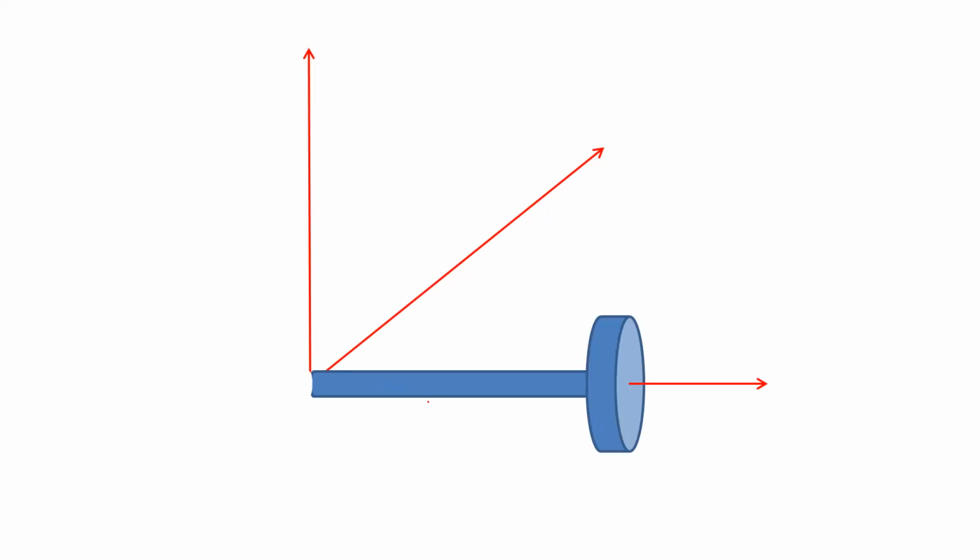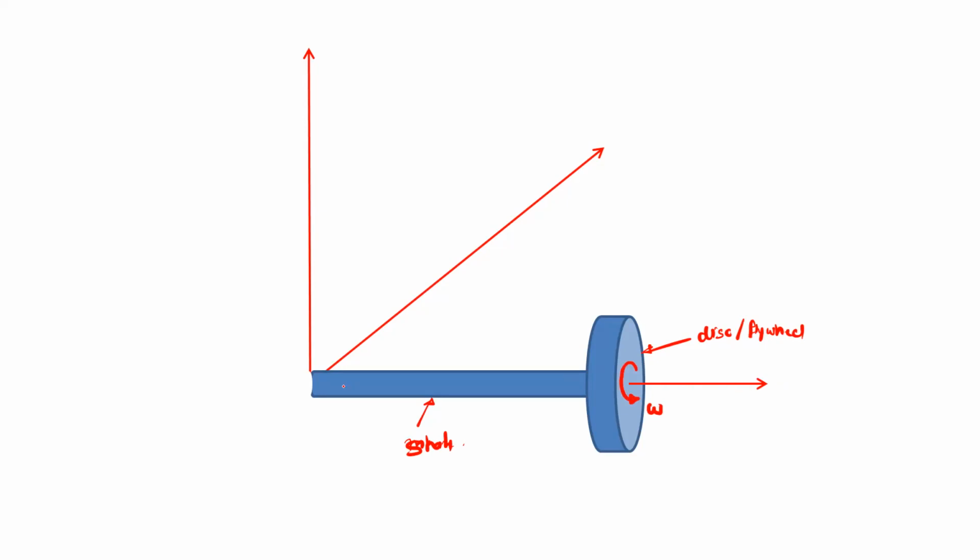So consider a disc mounted. This is a disc or flywheel, mounted on a shaft. Suppose it is rotating with some angular velocity omega about this axis.